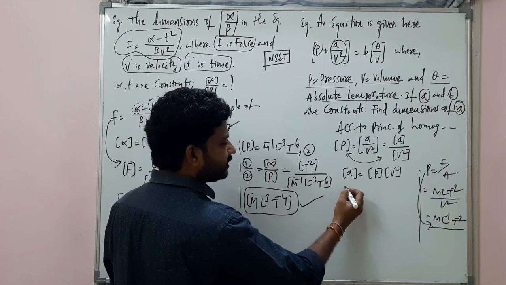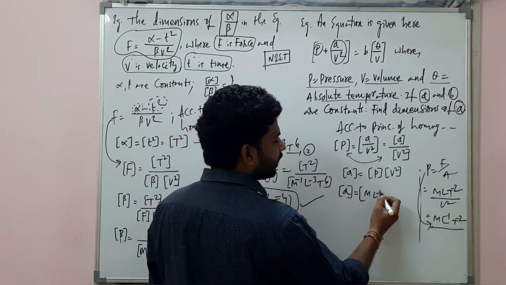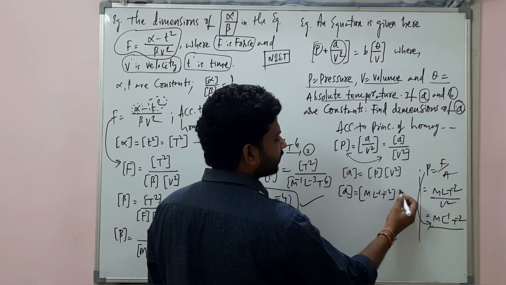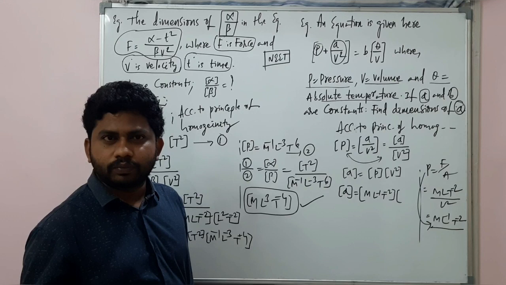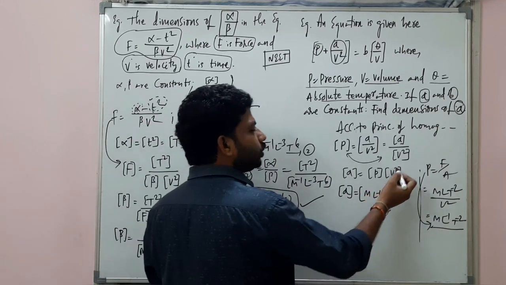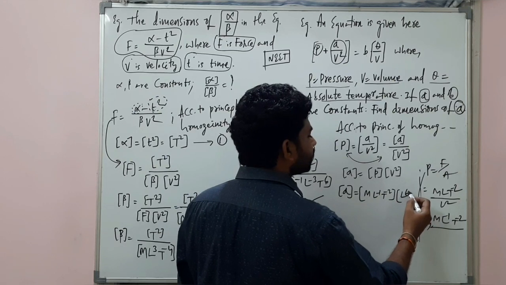Okay, so the dimensions of A will be mL minus 1 T minus 2 into, so this is volume. Volume is L cube. So that is L cube whole square. So that will be L raised to 6.